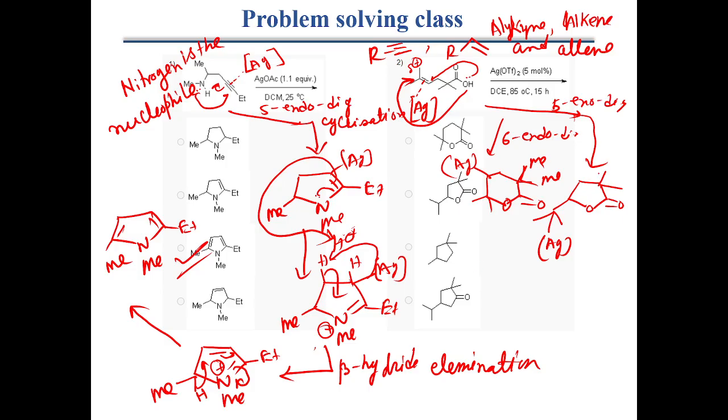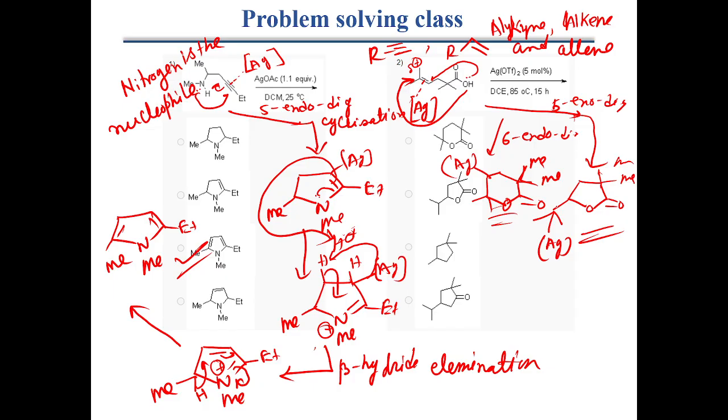So these two methyl groups decide which will form. If there is only one methyl, less sterically hindered, then the 5-exo compound will be the major product. The 6-one will also form, but 5 is the major. If it is substituted or sterically hindered, like 2-methyl, then 6 is the major product. That depends on the carbocation stability.